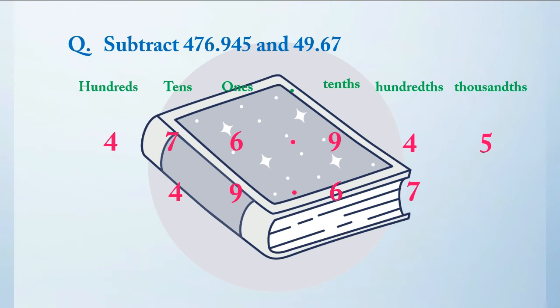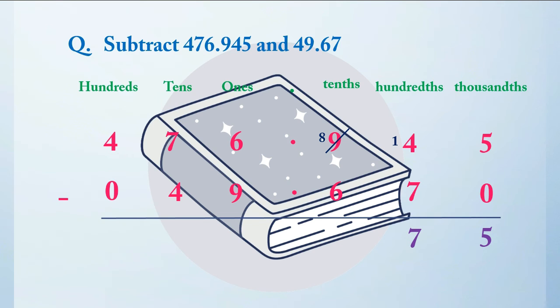In the missing number places we will put 0 and then subtract them. 5 minus 0, 5. We cannot subtract 7 from 4, so we'll borrow 1 from 9. 9 will become 8 and 4 will become 14. Now 14 minus 7 equals 7.